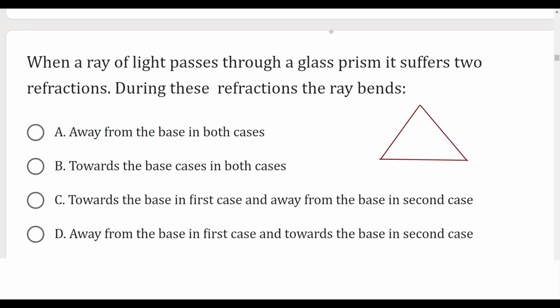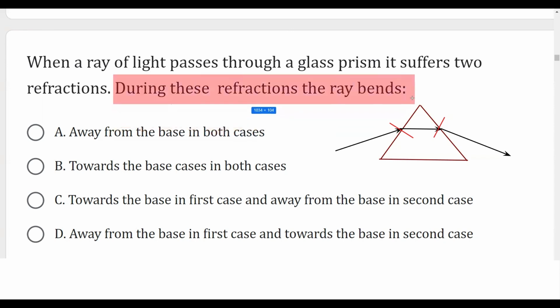The incident ray which strikes this prism will first bend towards the normal and then away from the normal. The normal here is the one which is perpendicular to the refracting surface, like this. So first it is bending towards the normal and then away from the normal.